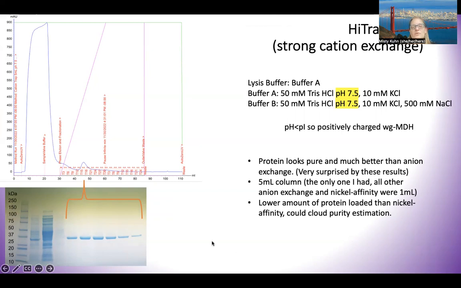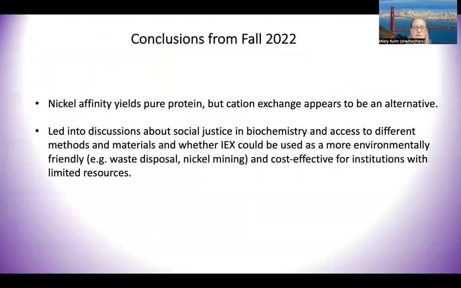This really started a conversation in the group where pretty much everybody concluded that we can use nickel affinity to yield relatively pure protein, but cation exchange, at least in the way that they observed the gel, appeared to be an alternative.